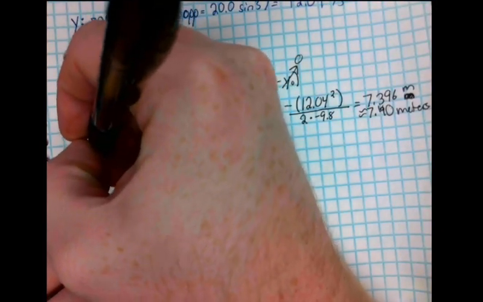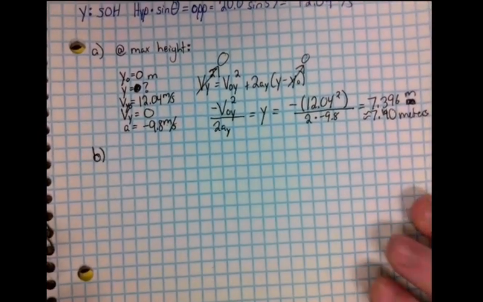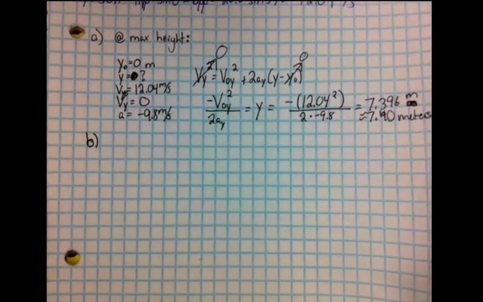Okay, next we've got B. Now, there is a couple of approaches to figure out B. The easiest one is also the one that takes the most mental gymnastics and logical conclusions that you have to jump to.